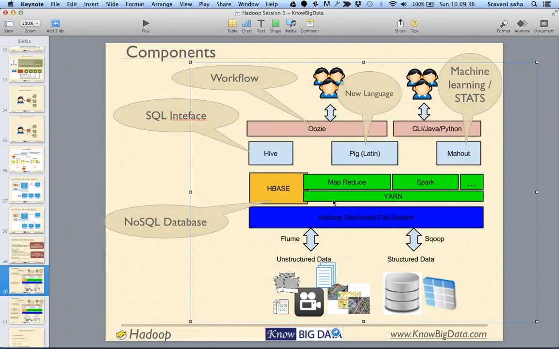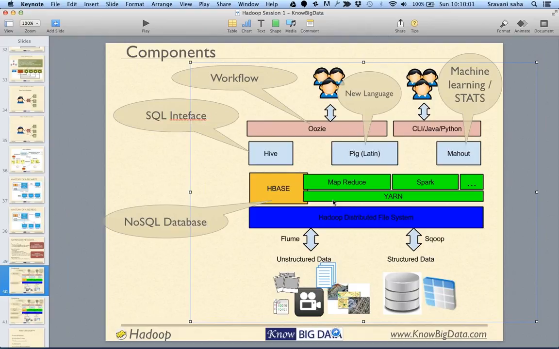Now, when you have to do the computation in a distributed architecture, you will have to utilize multiple machines, all right? And you can also utilize your distribution of data. Rather than taking your data to the computation, you take the computation to the data. That is the role of YARN.